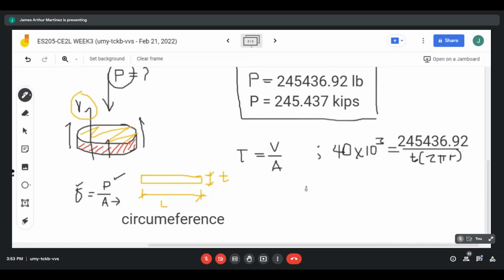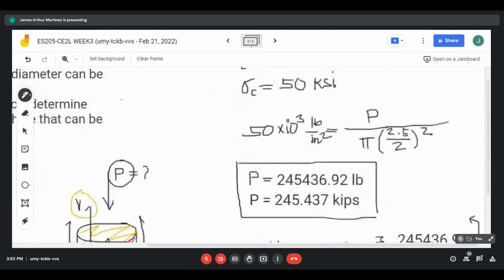So we can get the thickness. Since r is given, the radius of your circular slug is 2.5 over 2.